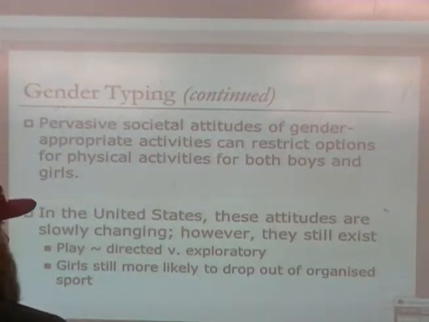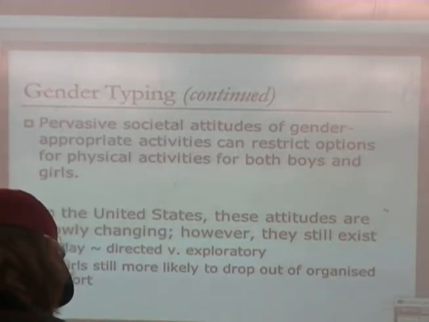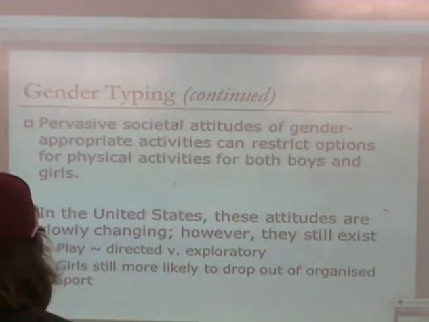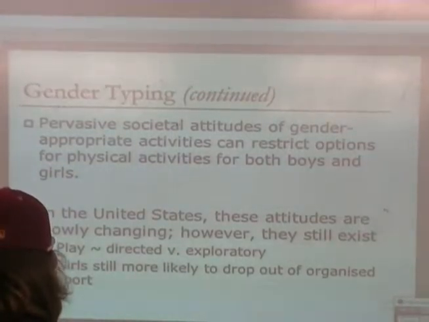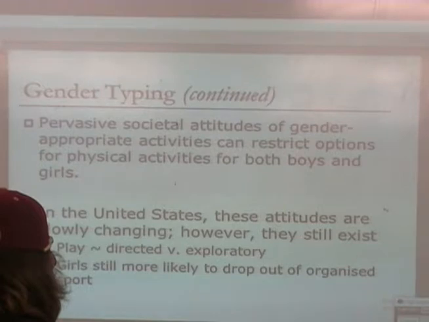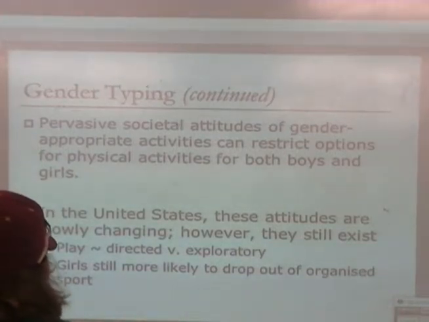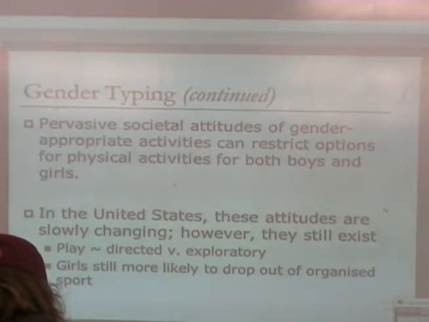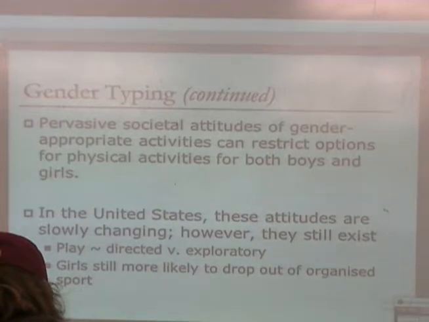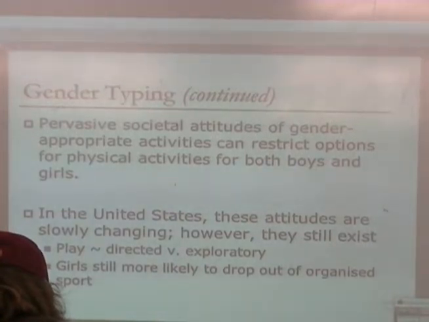And still, that came out in 1972, and things have improved in school and in college for girls and women to take part in sport, and yet in high school, less than 50% of high school girls still participate in organized sports or games, right? They opt out very young.